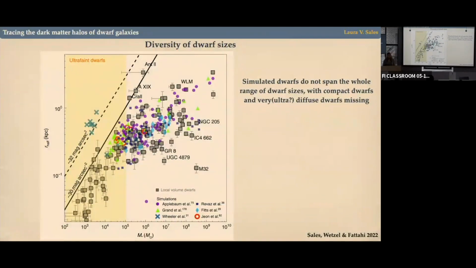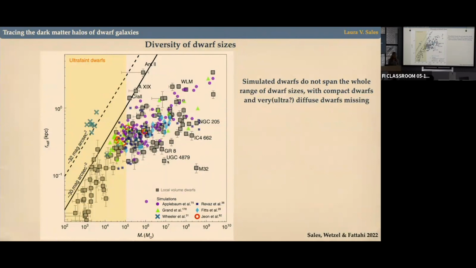But what I think is missing is these extremes. These are things that there is no color gradient that will help us form an M32. These really might be outliers or weird cases, GR8, or these are very compact, high density dwarfs that I believe are not there in at least the simulations we looked at.